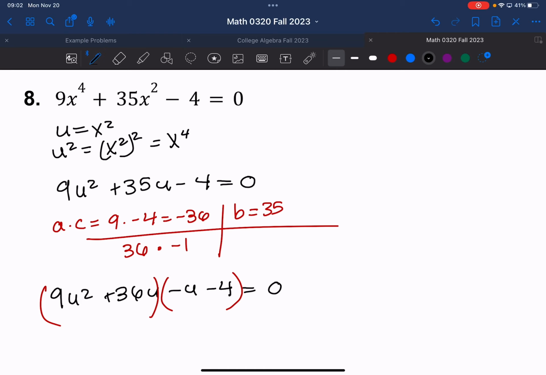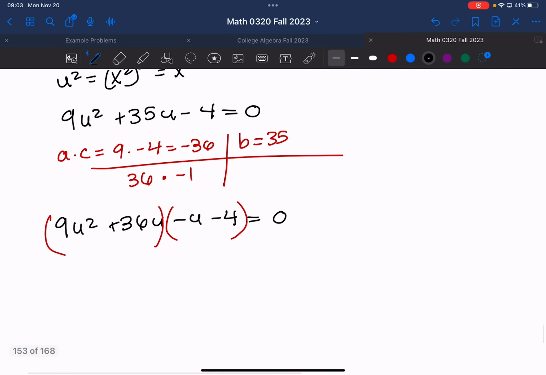Any guesses? What are we taking out of the first one? 9u, good. So we're left with u plus 4. And we want that second parenthesis to also be u plus 4. So what should we take out? A negative 1, because we want to get rid of those negatives in front of the u and the 4.